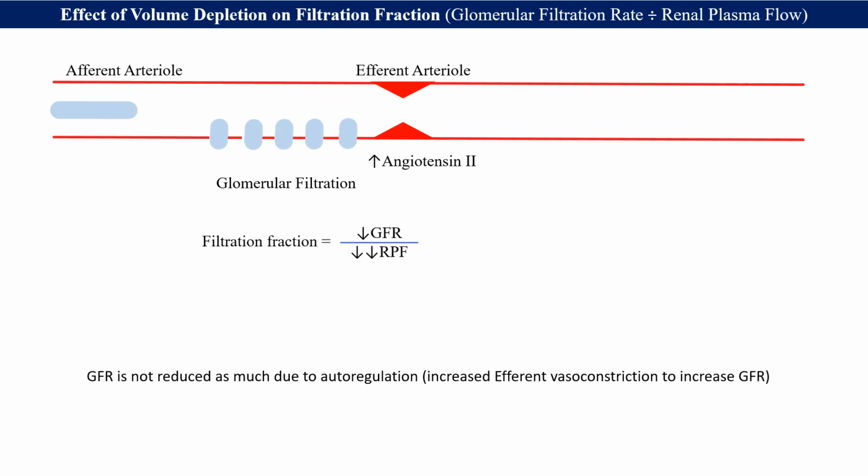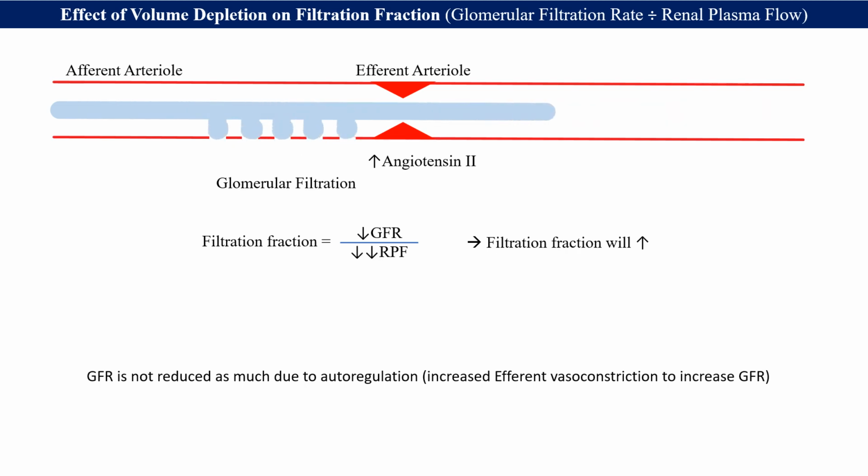Because of this compensatory mechanism, the GFR is only partially reduced relative to the reduced renal plasma flow with volume depletion. As the numerator GFR is only partially decreased relative to the more reduced renal plasma flow in the denominator, the filtration fraction will be increased.